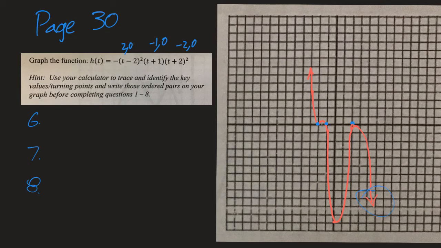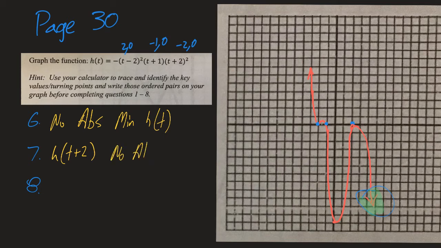Since there is a downward arrow here, we can tell that there is no absolute minimum. And no matter how I change this basic graph, there is no way for me to have an absolute minimum. So there's no absolute minimum for h of t. And for h of t plus 2, that's just going to move my graph left. There's still no absolute minimum.